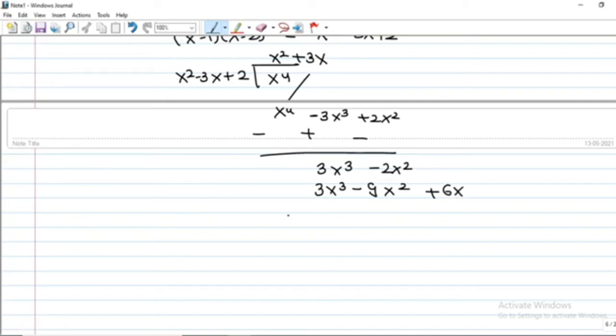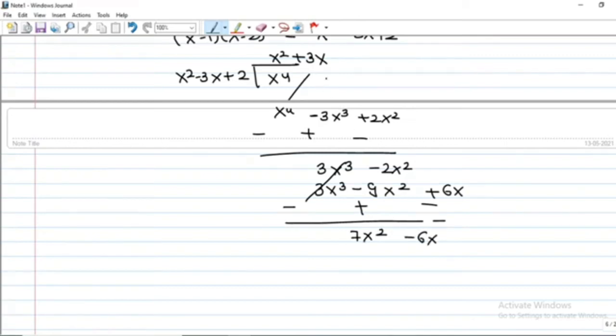So the sign will change, positive, negative, this will cancel out, and here we are left with 7x square, and here it will be minus 6x.